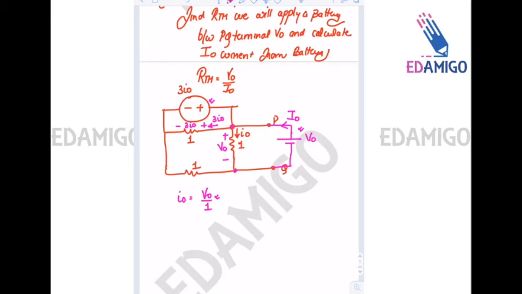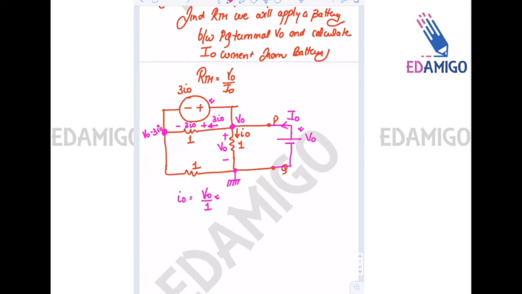If we assume that this node is grounded, and this node is at potential V0, then this node will be at potential V0 minus 3I0.